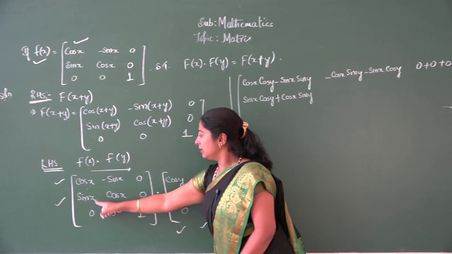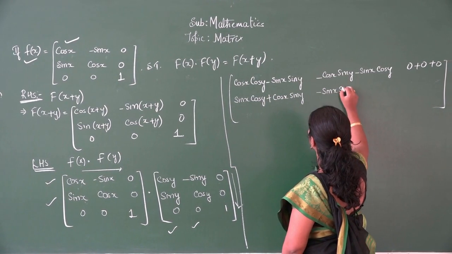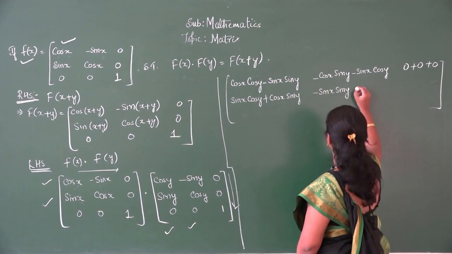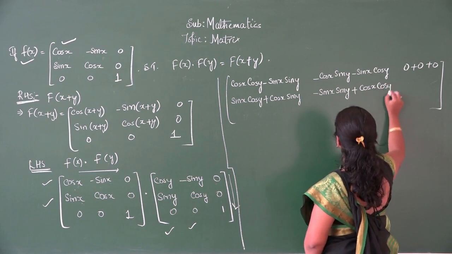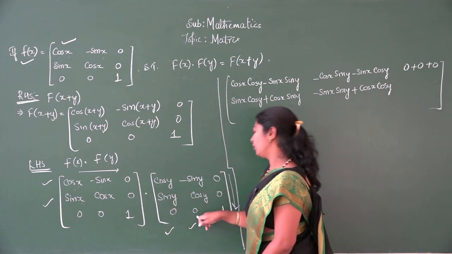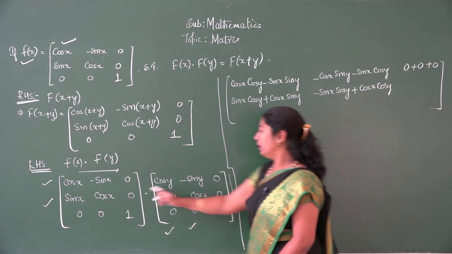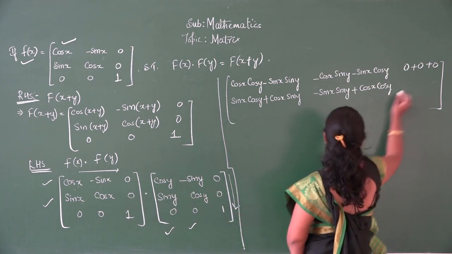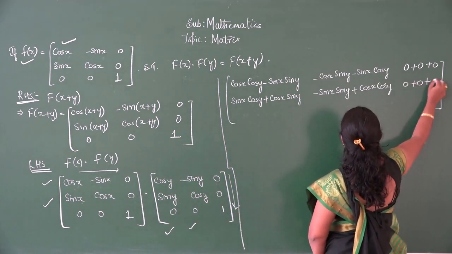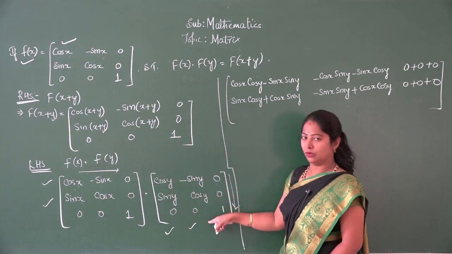This is once again sin x into minus sin y, minus sin x sin y plus cos x cos y, 0 into 0 will be 0 itself. Sin x into 0, 0, cos x into 0, 0, 0 into 1 will be 0 itself again. We started off with the second row and completed with all the 3 columns.